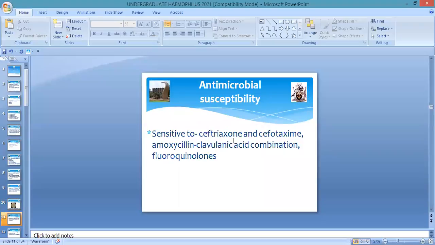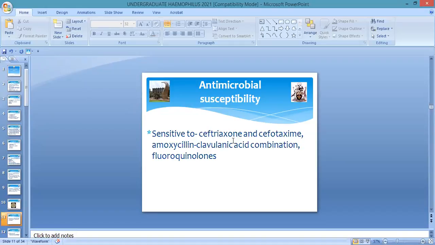In terms of treatment, Haemophilus influenzae has been known to produce the beta-lactamase enzyme, and this, of course, has reduced their susceptibility to the beta-lactam antibiotics. So in this case, you can use the combination of amoxicillin plus clavulanic acid, which we know clavulanic acid is a beta-lactamase inhibitor.